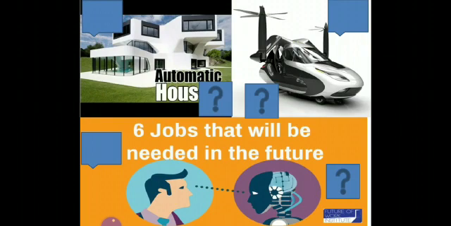Okay, what can you see in the first picture? In the first picture, you can see a house. And then in the second picture, good. You can see in the second picture a car.